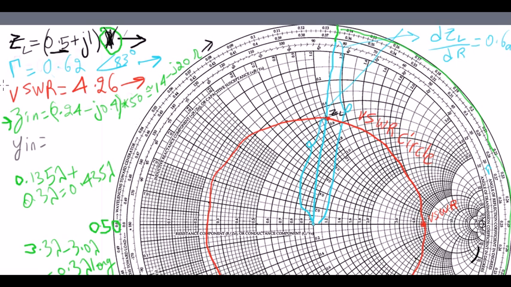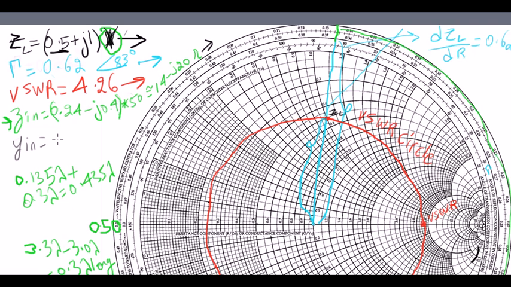Normally it's easier to work with admittance, and this is obvious when you start working with impedance matching, where you have parallel lines. This is one simple example. However, for now, we just want to know what the input admittance will be, which is obviously the reciprocal of the impedance.